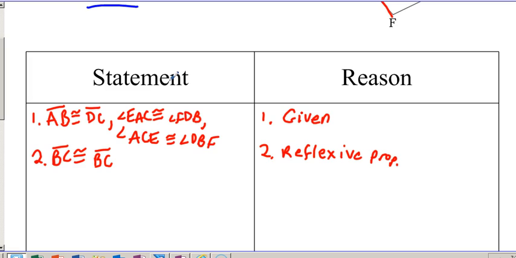Number 3, GRA, is addition. When we add straight down. Remember, like when you added when you were little? You added straight down on a column. So we're going to take the AB plus the BC. It's congruent to, on the right side, DC plus BC.